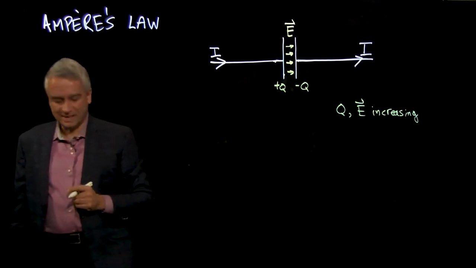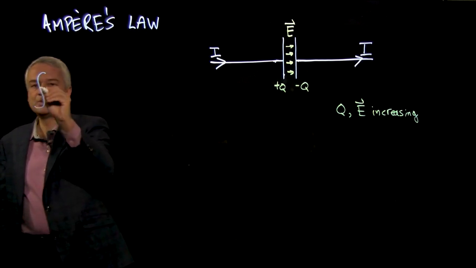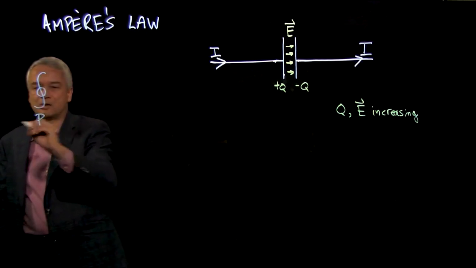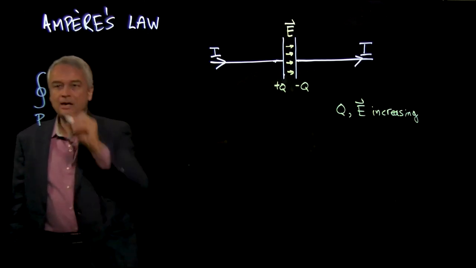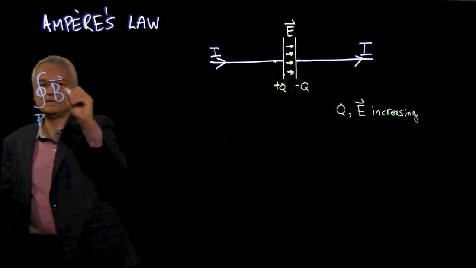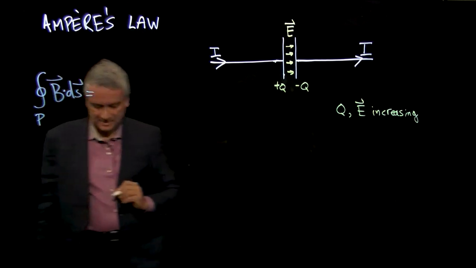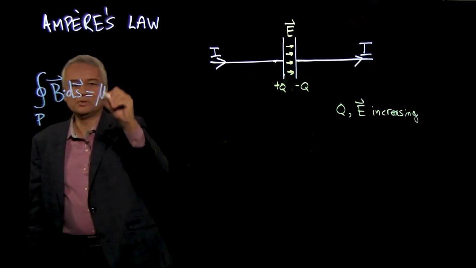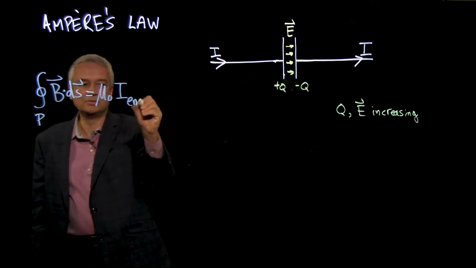Ampere's law, as we've learned it so far, says that you can pick any contour or loop or closed path P, and do the integral of B dot ds. And what you will get will be mu naught times the current I enclosed by this loop.